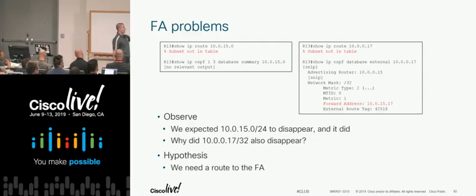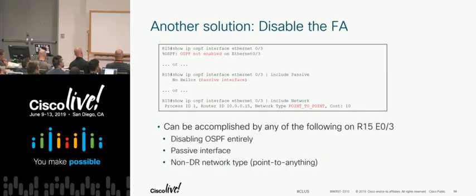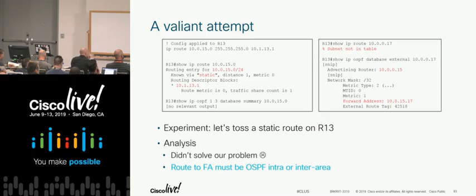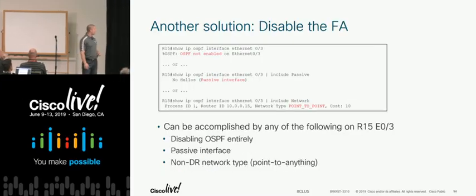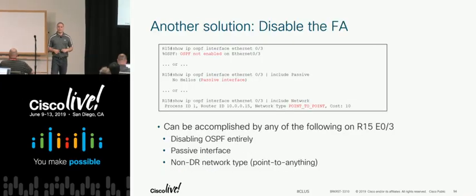So we looked at all this. We looked at the problems. We looked at a valiant attempt, which is my dumpy static route that did absolutely nothing. Now, there are 3 ways that we can disable the forward address. We can completely turn off OSPF on that interface number 3 on R15. We could change it to a point-to-point network type, which would also disable this feature because it only works when the network is a broadcast network type.